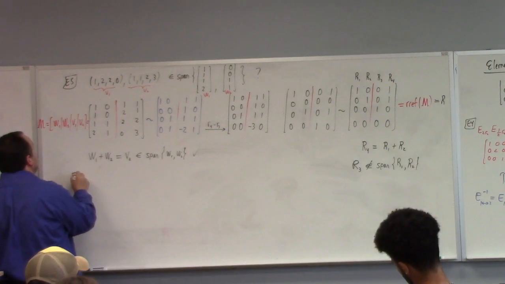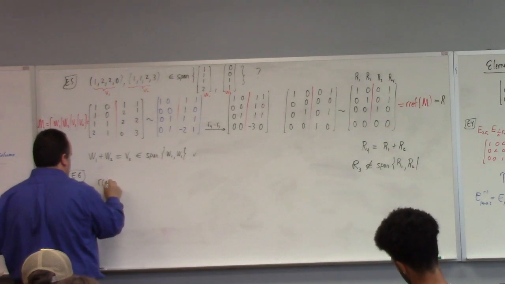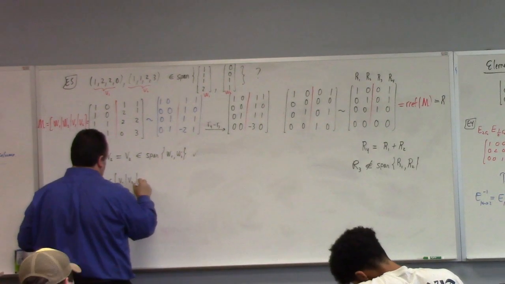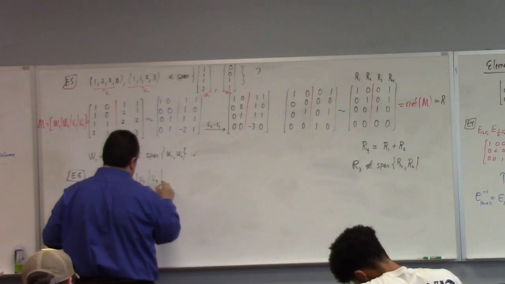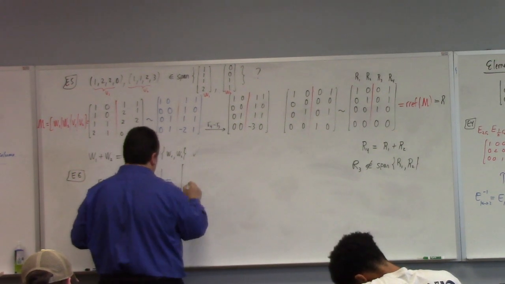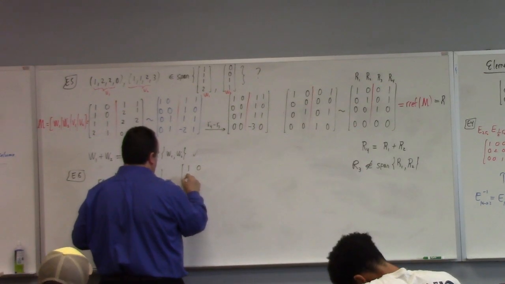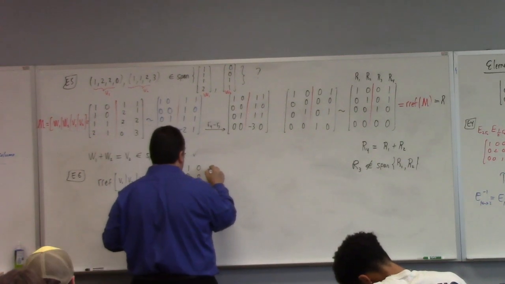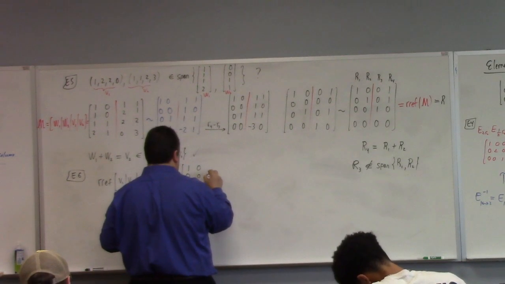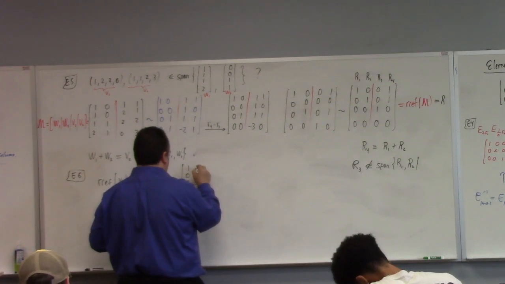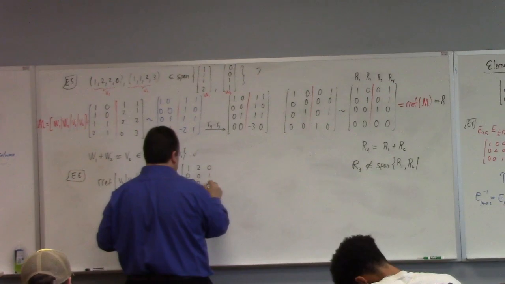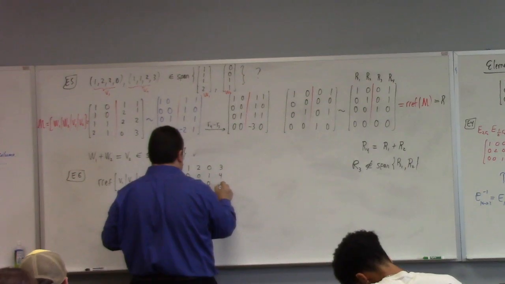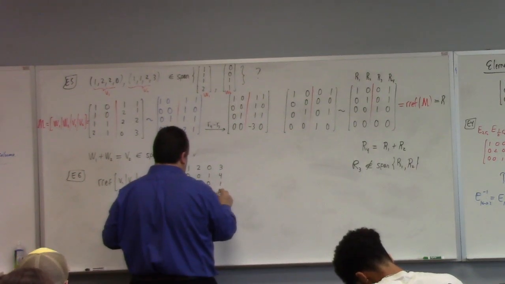Here's another example. Suppose you're given that the reduced row echelon form of a matrix that has V1, V2, V3, and V4 works out to 1, 0, 0, 0, 0, 0, 0, 0, and then maybe we've got, I'll put a 2 here, 0, 1, 0, 0, and then 3, 4, 1, 0, right?